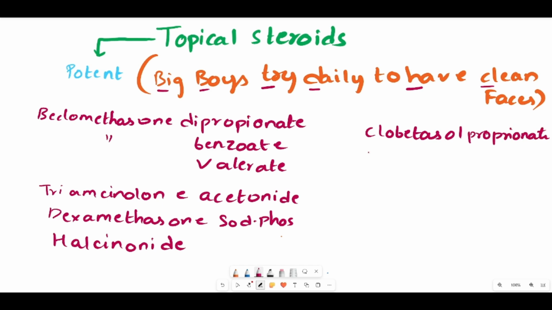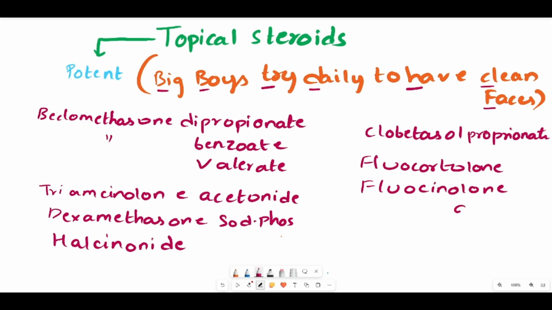Then the last letter is F, which means fluocortolone. One drug is fluocortolone, another one is fluocinolone acetonide.